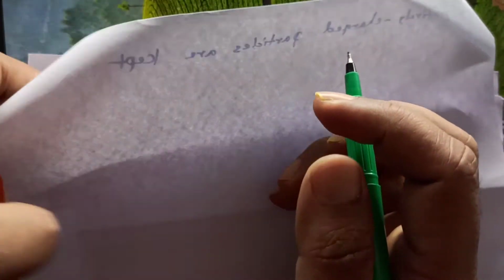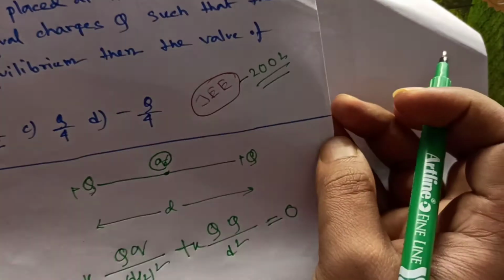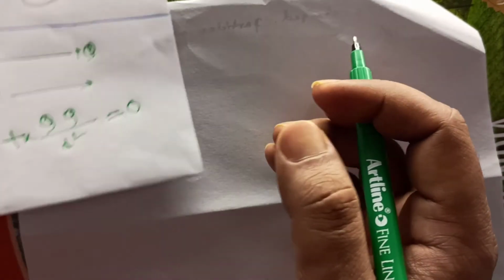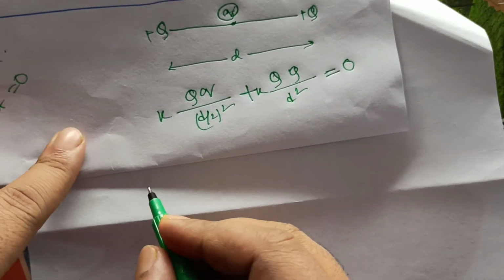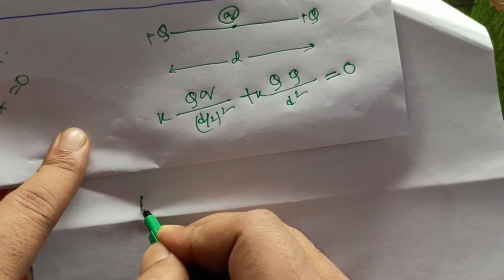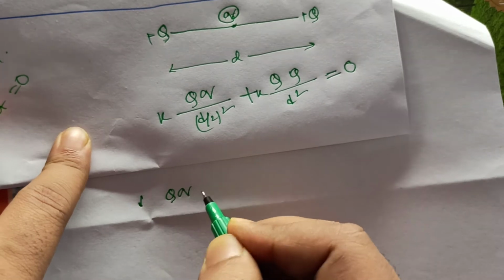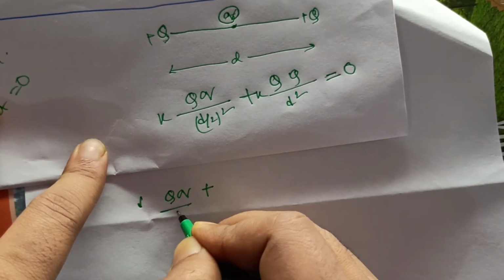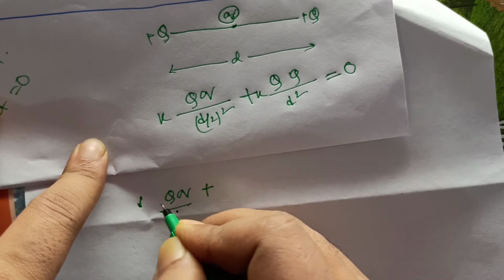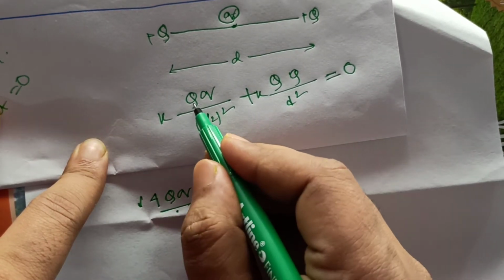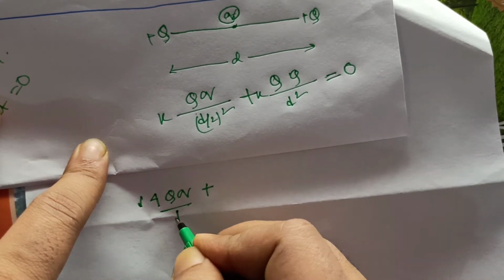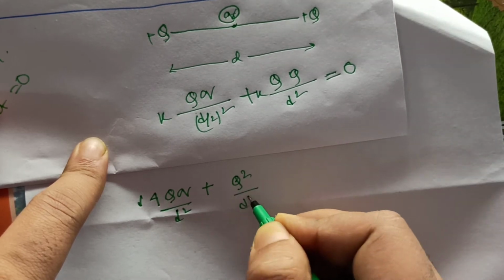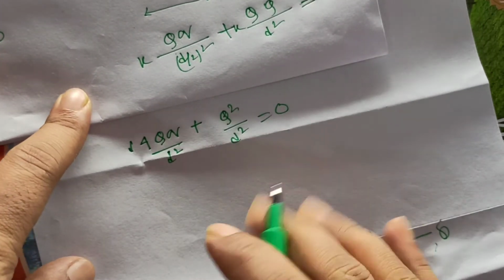So if the net force is 0, what will be the remaining value? The remaining value will be Q into q by d square by 4, which gives 4 Qq by d square, plus Q square by d square equals 0.